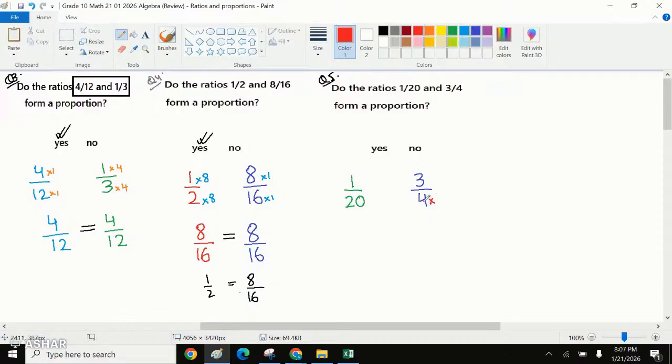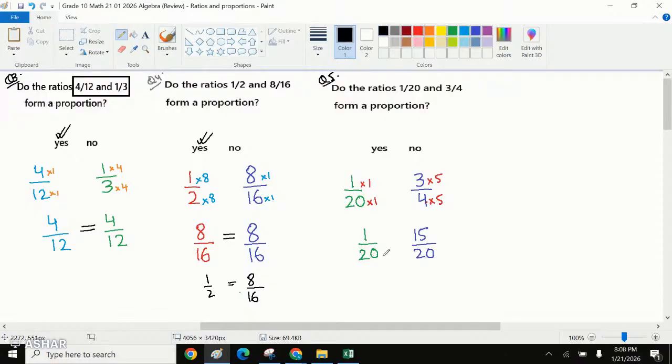That means when 4 is multiplied by 5, it becomes 20. Whatever we multiply the denominator with, we multiply with the numerator. That means we have 1 upon 20, and 3 times 5 is 15 upon 20. So do they have a proportion?